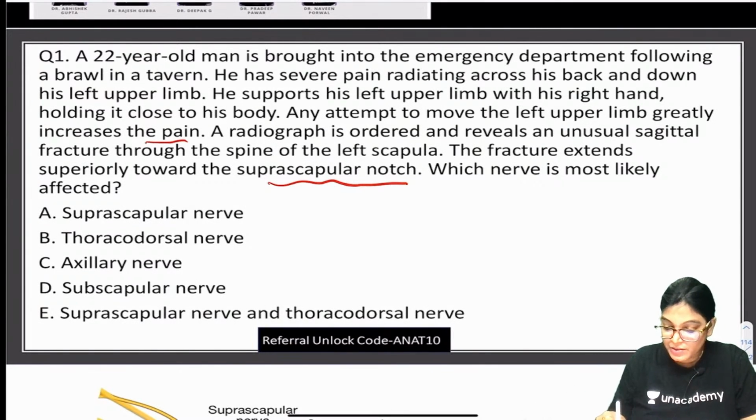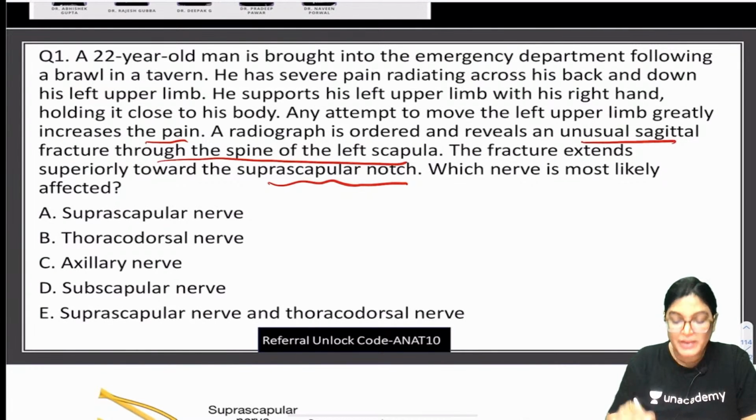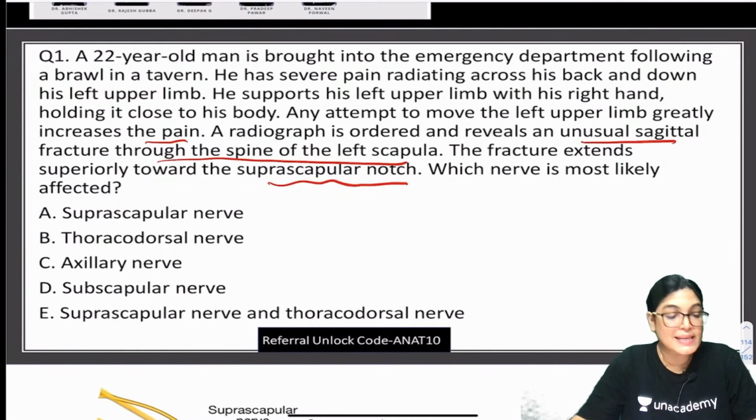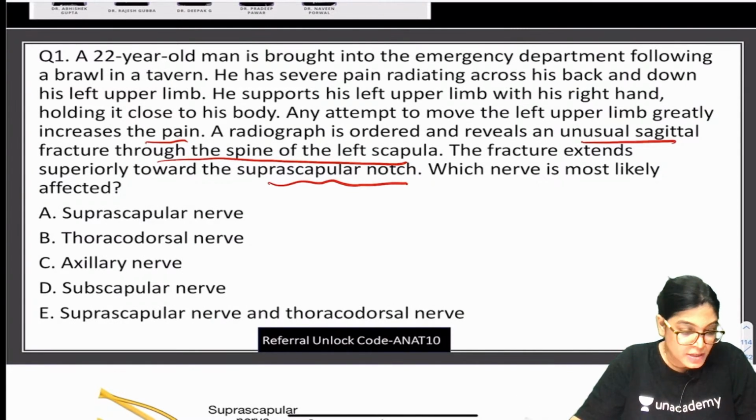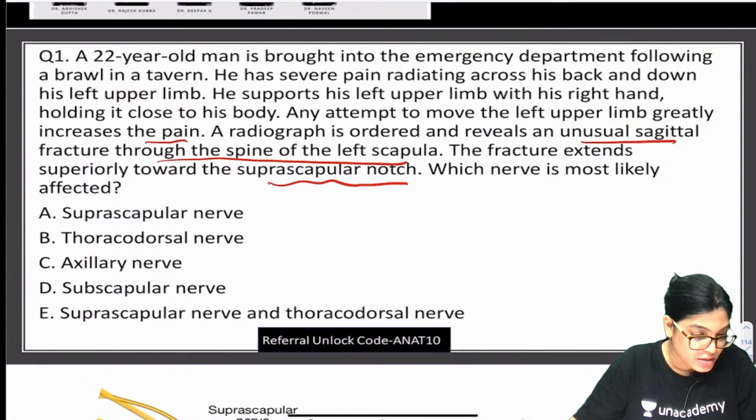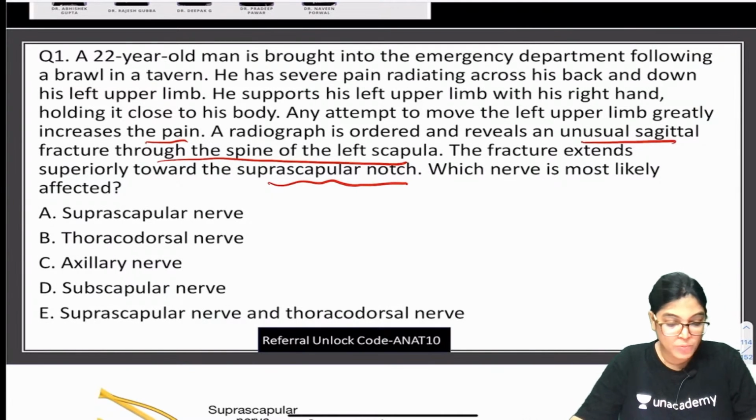The radiograph reveals a sagittal fracture of the spine of the left scapula, extending towards the suprascapular notch. Now you have to give me the right answer. Ashok Patel is telling C. Karnati Reddy is telling C and A both. Let me wait for others and then I will come up with the explanation.